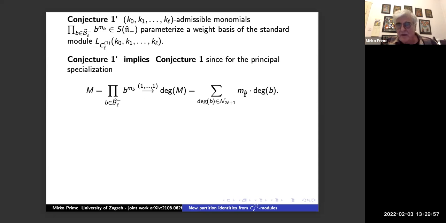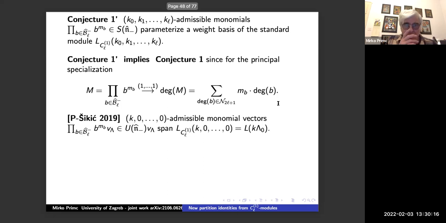This is n_b times the degree of b, but this is just a colored partition on our array. So it's clear that counting degrees of basis elements will give us a character for the principal specialization. The first theorem that we have is not the proof of the conjecture.